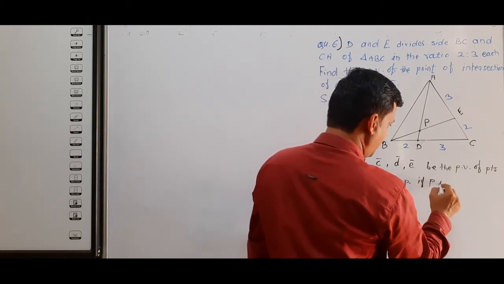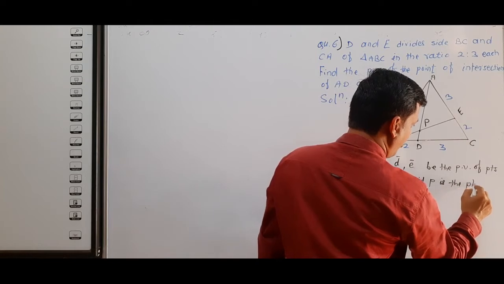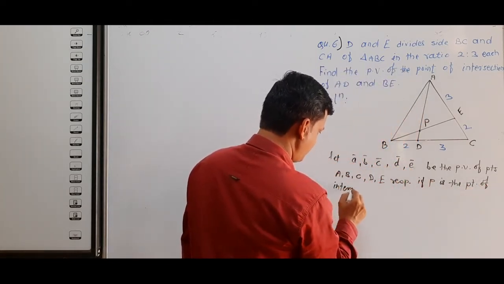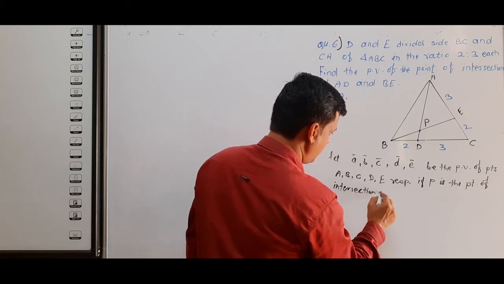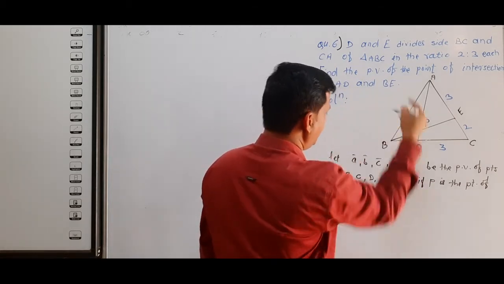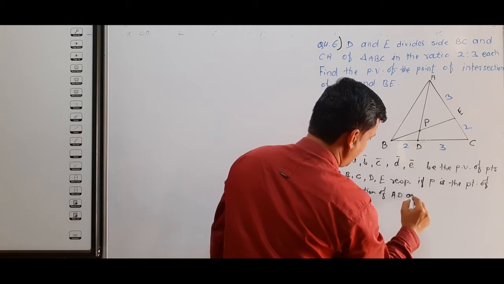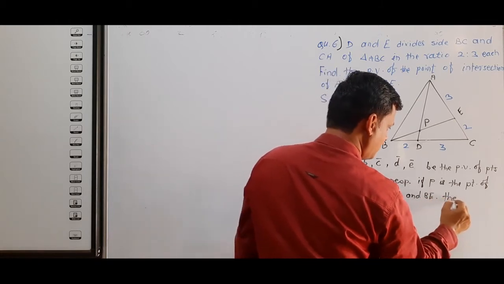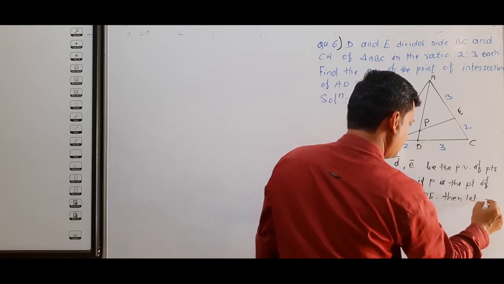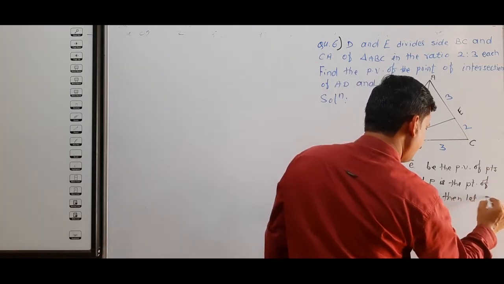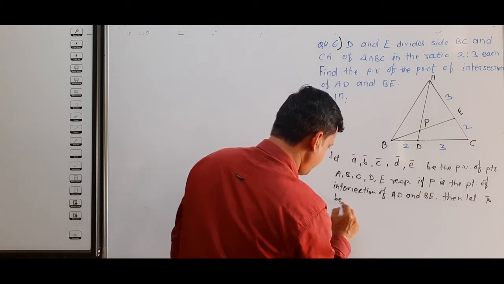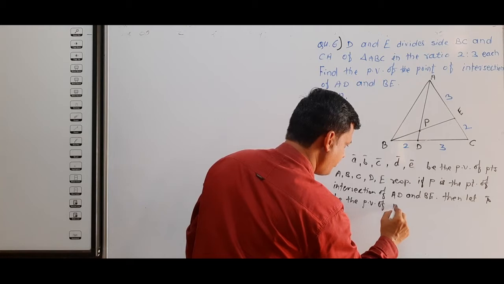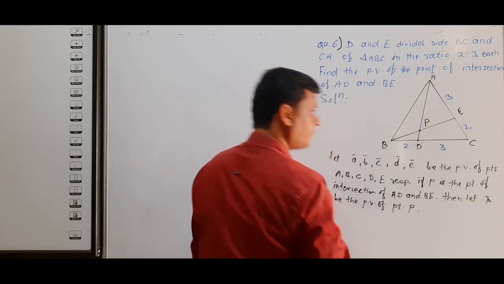If P is the point of intersection of AD and BE, then let P bar be the position vector of point P.